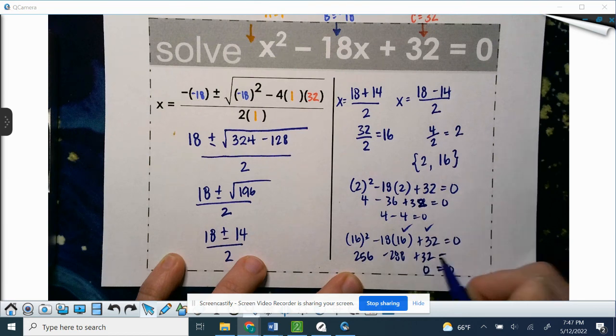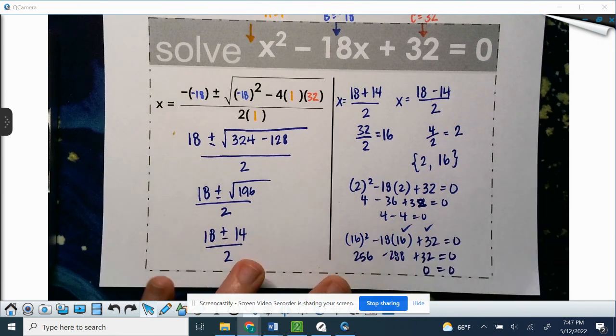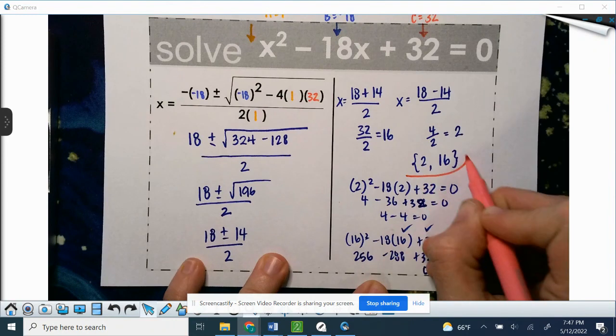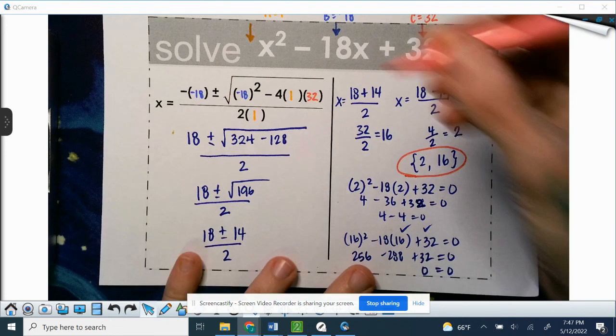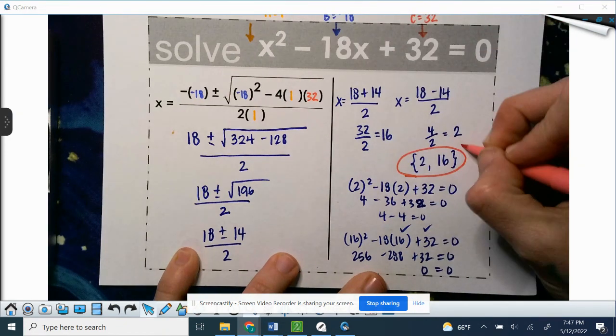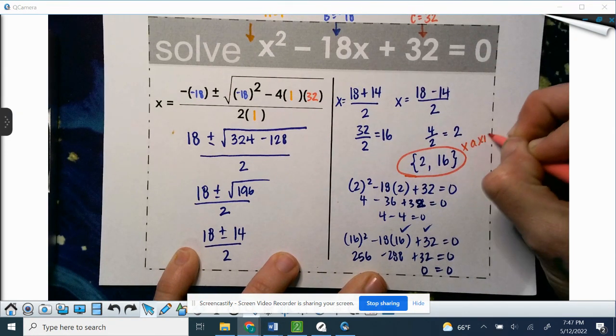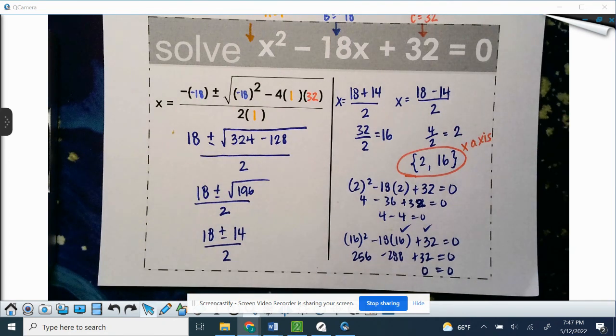So 16 works as well. Our final solution is 2 and 16. Just as when we graphed these prior in our Desmos, that means that this quadratic is going to touch the x-axis at a positive 2 and a positive 16. All right, next example.